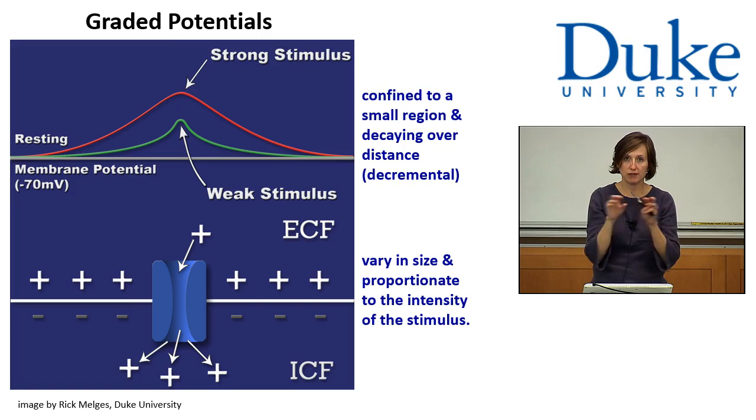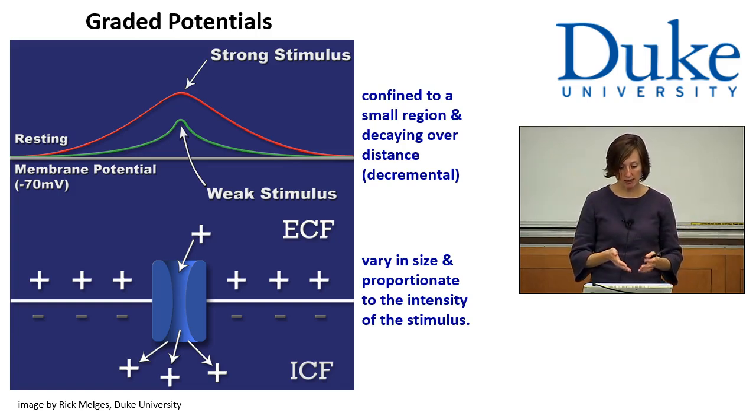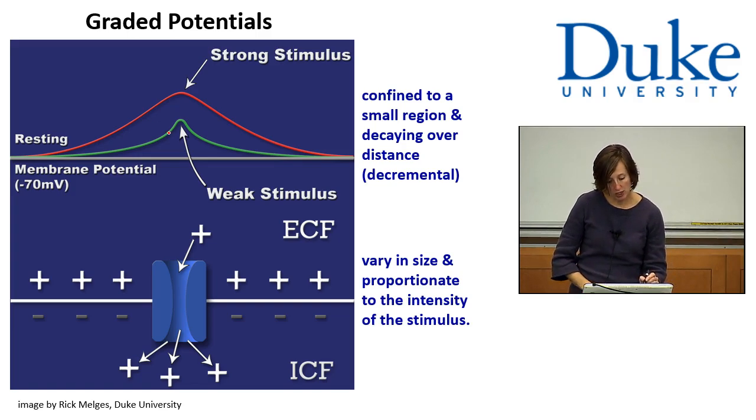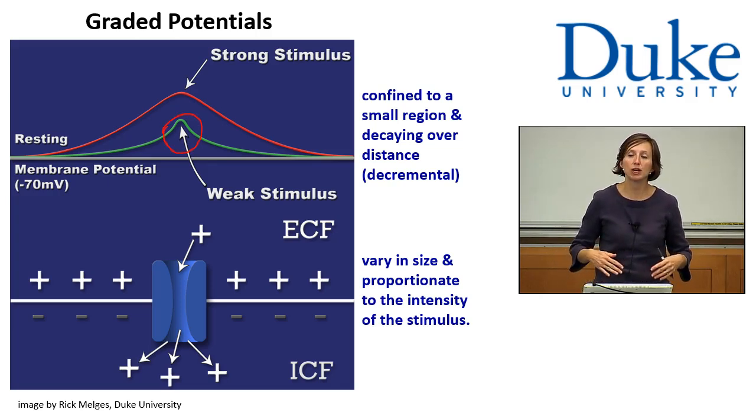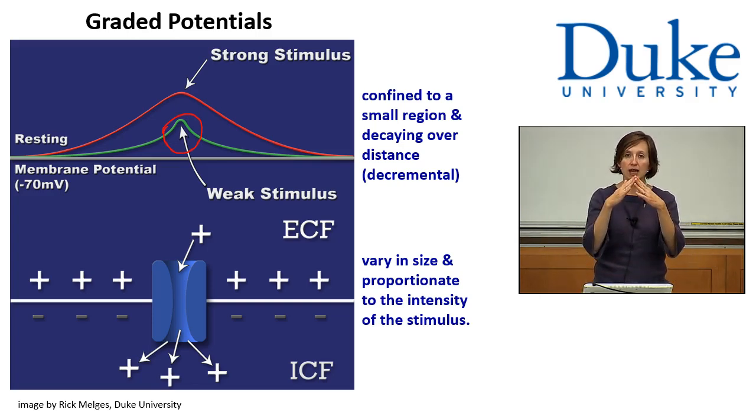It's going to diffuse, and right where we added it, where it's most concentrated, it's going to bind to these sodium channels and open them, which is going to cause sodium to rush in, which is then going to cause a small depolarization of the membrane. The membrane potential is going to be less negative in that spot.